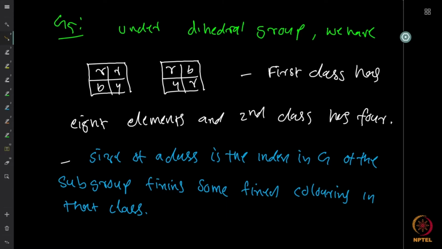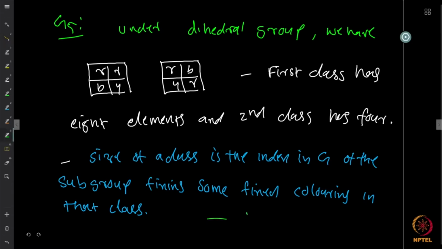Now, another observation that we can make is that the size of a class is the index in G of the subgroup fixing some fixed coloring in that class. Okay. So think of this and try to see why.